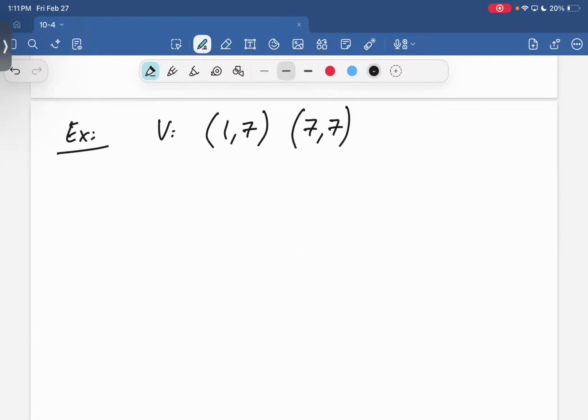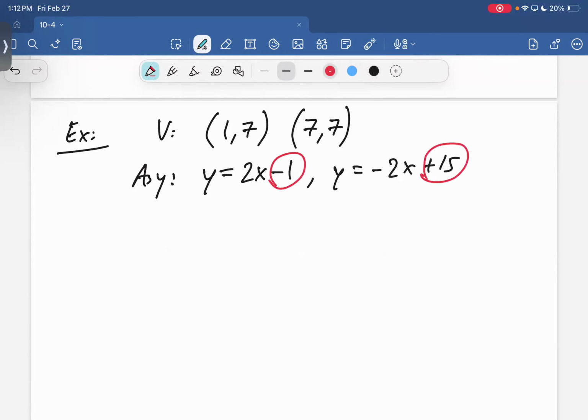And let's say I also give you the asymptotes, which are y equals 2x minus 1 and y equals negative 2x plus 15. Okay. So I just chose these numbers to make it go through the center. That's about it.